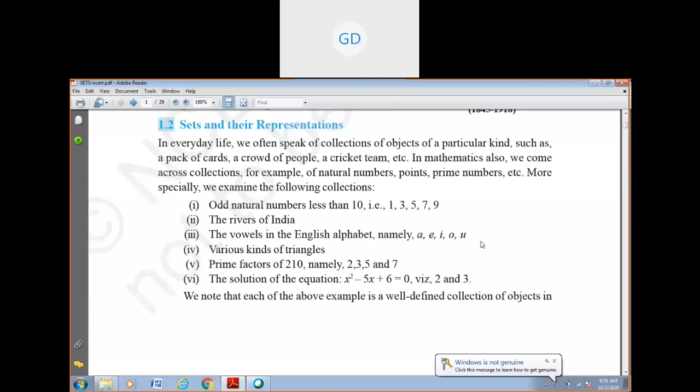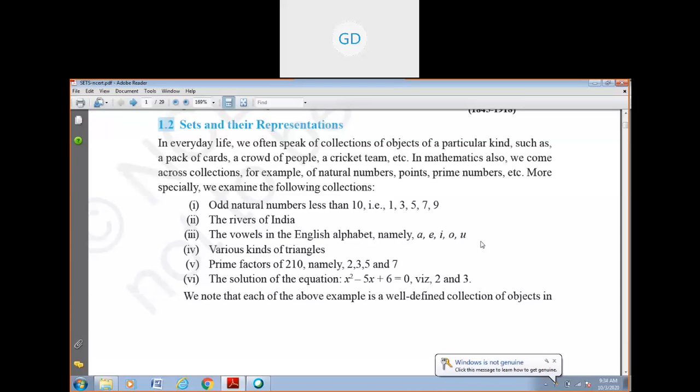Collection of students of your class, collection of books of library in your college, collection of vowels from the English alphabet, collection of prime numbers from 0 to 100, 0 to 50, whatever you say, collection of some animals from the planet, collection of odd numbers, collection of even numbers, collection of ministers, collection of members.